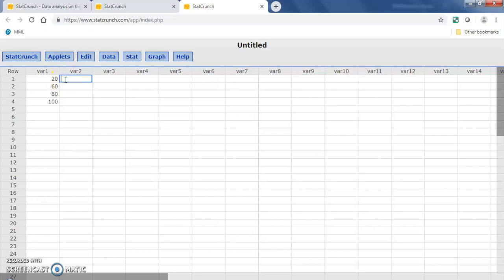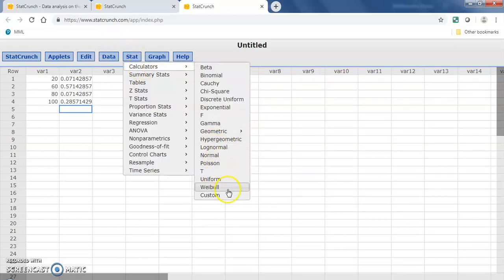So 1 divided by 14 as a decimal is 0.07142857, and then 8 divided by 14 is 0.57142857, and then 1 divided by 14 is 0.07142857, and then 4 divided by 14 is 0.2857142857.